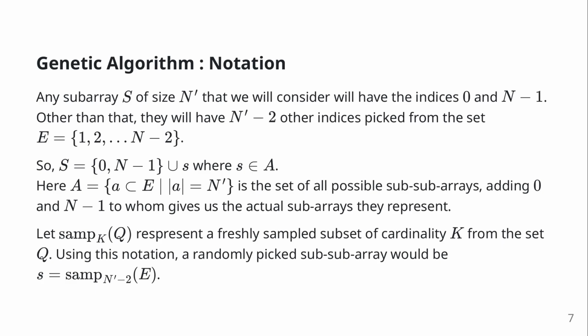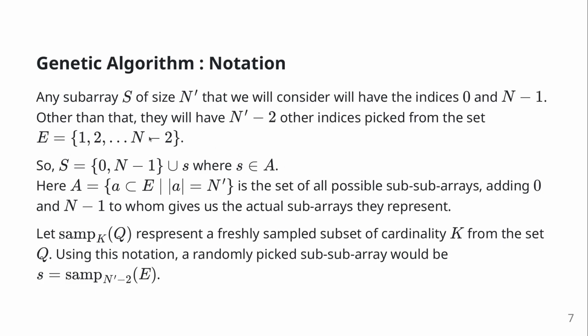So we have subarrays S of size n', where n' is a hyperparameter that we get to choose. It could be 32, for example, that we will consider, and these will always have the indices 0 and n-1. So each subarray will necessarily have the starting and finishing elements in the transducer array. But other than that, the other n'-2 elements will be randomly sampled from this set.